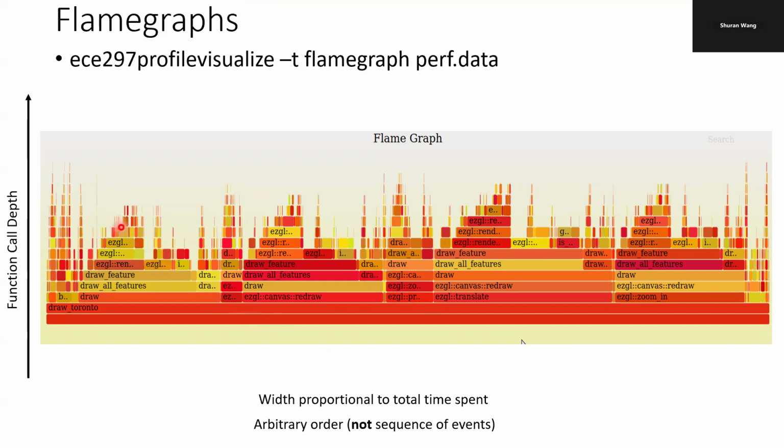In this way, I personally find this is easier to see than the other one because you can see how each function is divided into parts. The width is proportional to the total time spent. It appears in arbitrary order, so it's not dependent on time. And it goes up by function call depth.